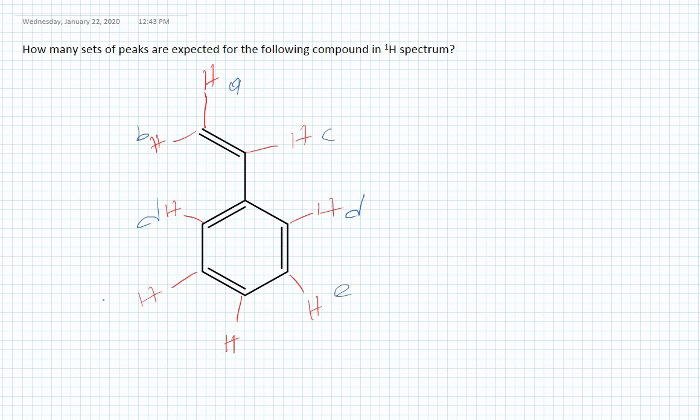So we say E and E, and we have one hydrogen here which we say F. So let's count how many different types: 1, 2, 3, 4, 5 and 6 different proton signals we expect to see in proton NMR.